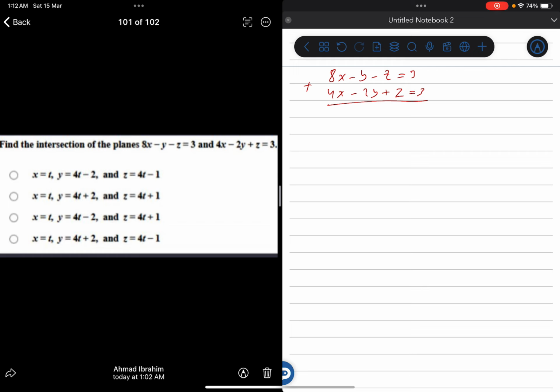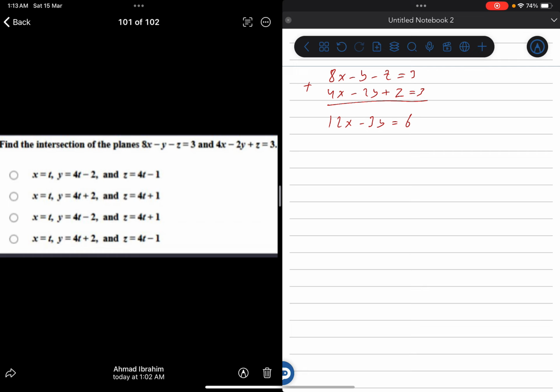So the addition will help us to delete z, because negative z plus z will be 0. So it will be 12x minus 3y equals 6. So we just add two equations to eliminate z.